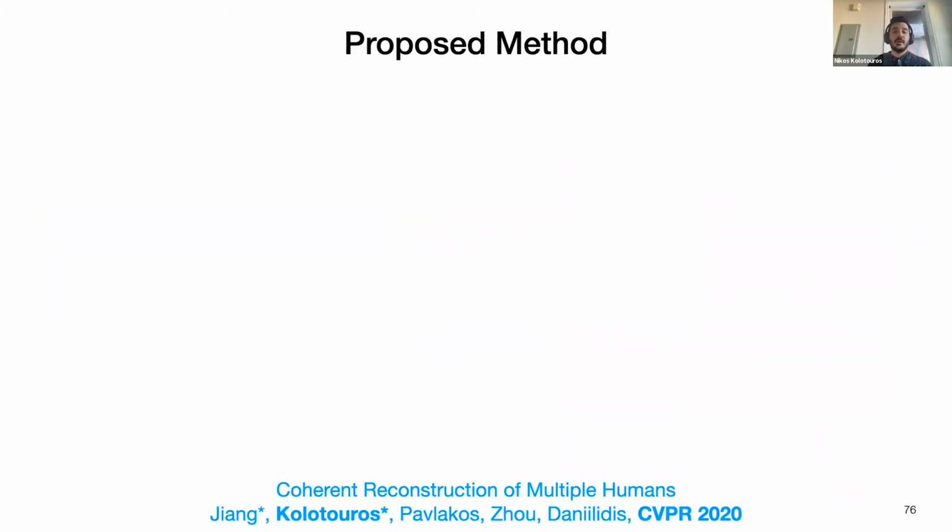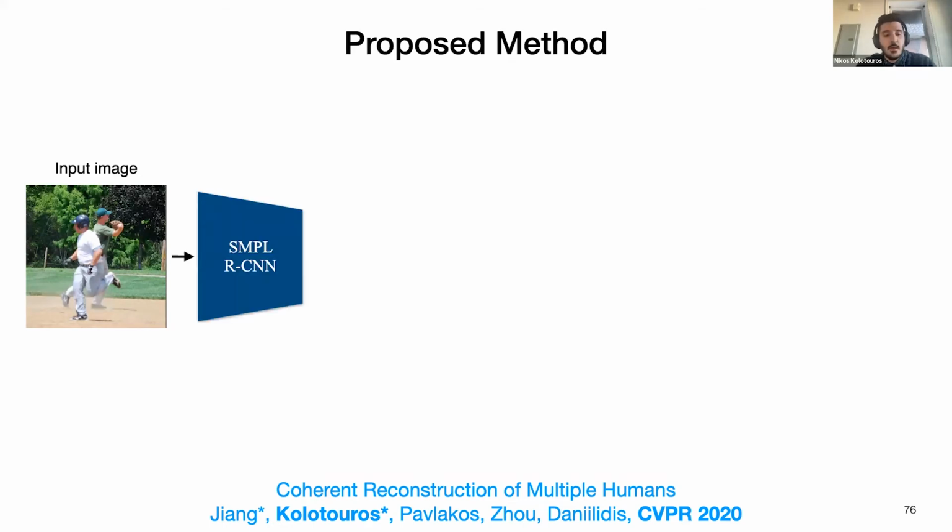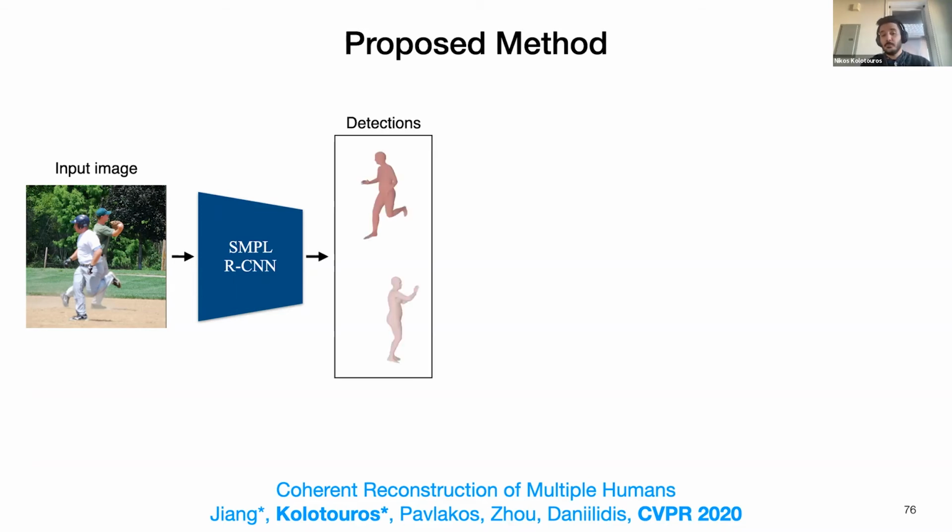So our proposed approach takes as input an image and feeds it to a typical R-CNN network. Using a shared feature map, we first detect bounding boxes for the people in the image, and then we regress the SMPL parameters for each bounding box. So this part, in a way, follows the typical top-down regression paradigm. What we need to predict here is an accurate placement of the people in the 3D scene.